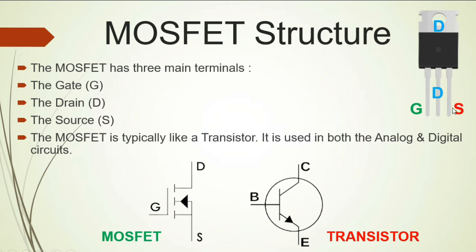Okay, and note that this terminal is connected to this one. So if you use the multimeter or the voltmeter and check the continuity between this terminal and this one, you will hear a buzzer, meaning continuity, because these two terminals are connected together.